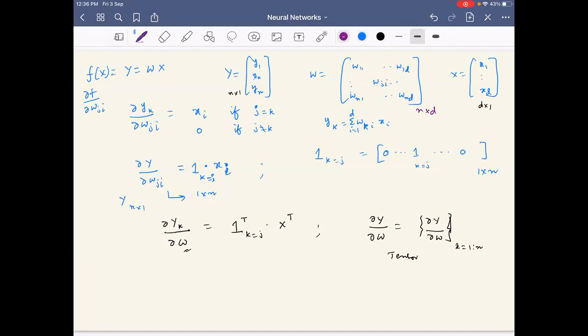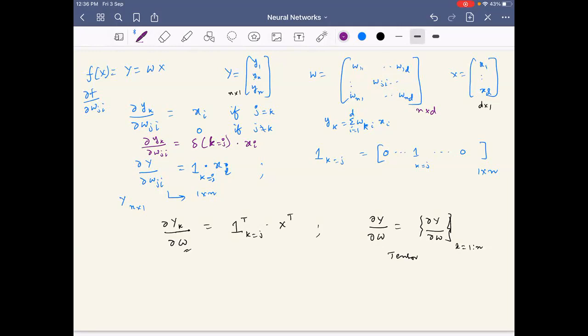So now how do I write this? This can be written in a crisp manner: ∂Yk/∂Wji is delta jk, that is, k equal to j, into Xi. Wj can take all values, but Yk is fixed, with which I want to find the derivative.